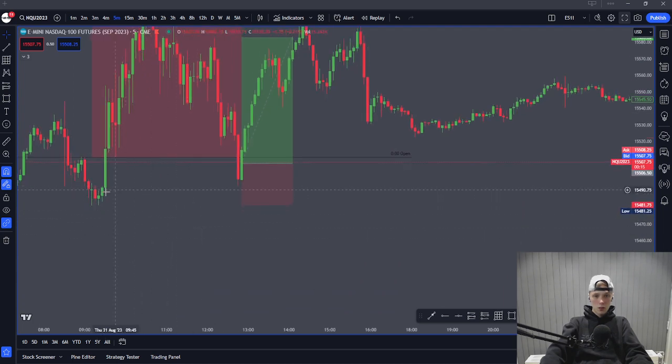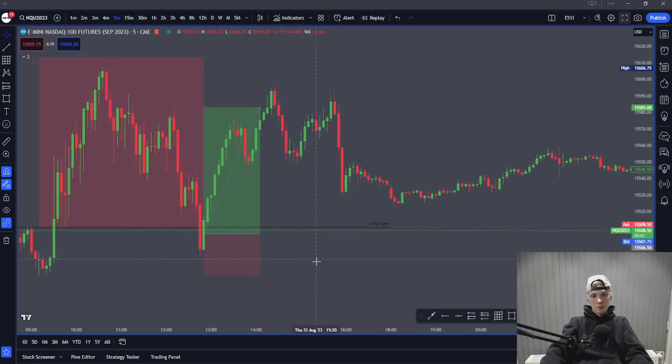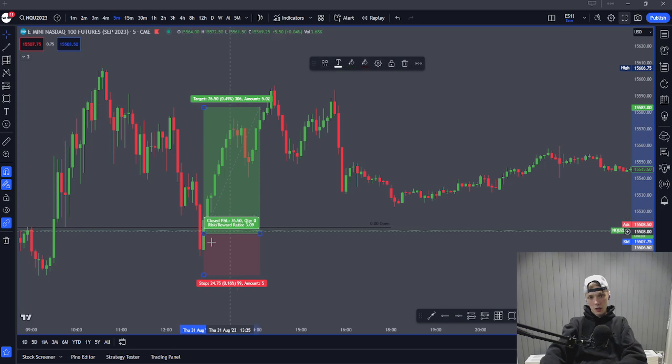If it accumulates over here, it would go below, and then it would distribute to the upside. For this example, it accumulates above the midnight open and manipulates to the bottom of the midnight open. You would enter long below the midnight open, and it would distribute to the upside. So that is what the power of 3 is.